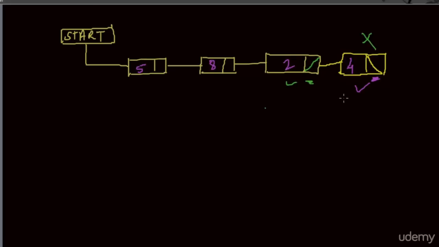Looks simple? Yes, it is simple. Let's try to understand how we can do it programmatically. I will clarify it a bit. In order to delete this particular node, we would require a pointer which is pointing to this node, as well as a pointer which is pointing to the node before it. Now, why are 2 pointers required? That would be a genuine question.